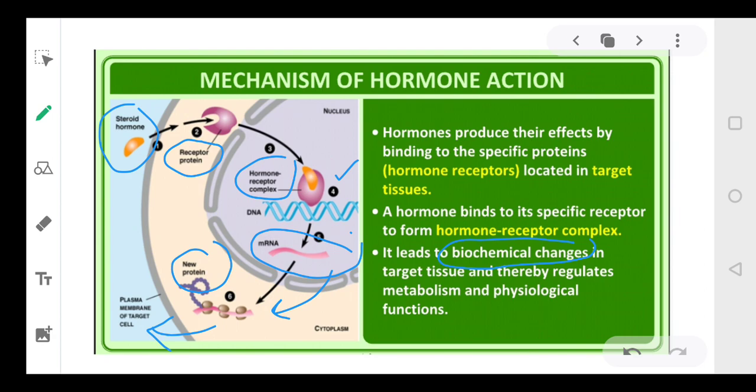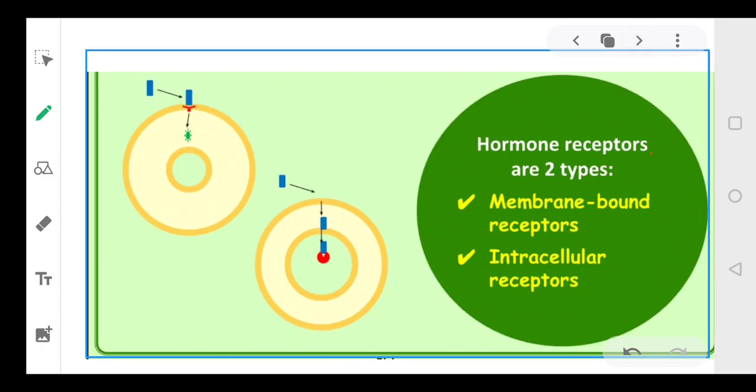So whenever there is a formation of the hormone receptor complex, it will start a lot of biochemical changes in the cell, and thus it will regulate its metabolism. Okay, clear everyone?